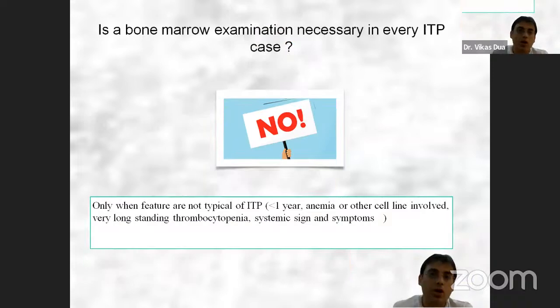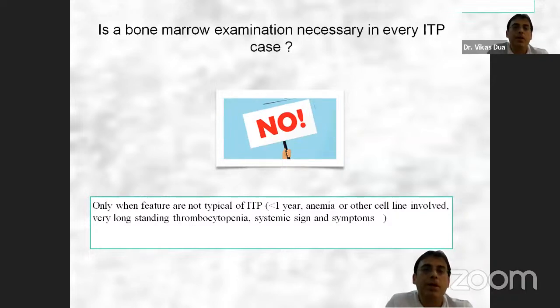Then this is a very common question which would be in everybody's mind: is bone marrow examination necessary in every case of ITP? So friends, I just said, if you are sure, if you have taken a good history, if you have done a thorough examination, if your hematopathologist is sure that he or she is not missing anything, then bone marrow examination is not necessary in every ITP.